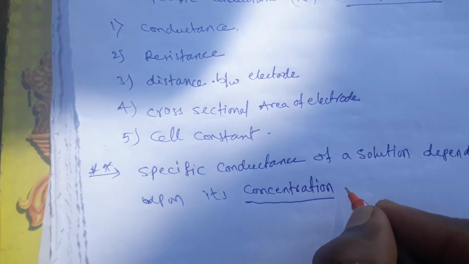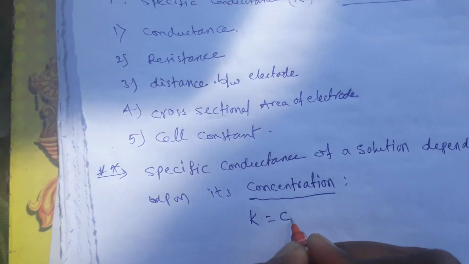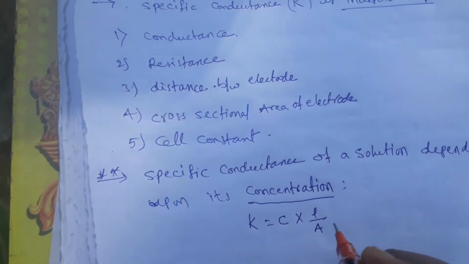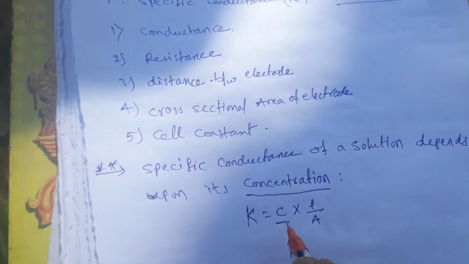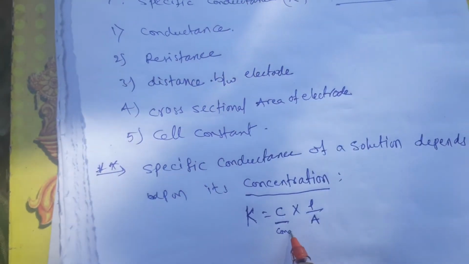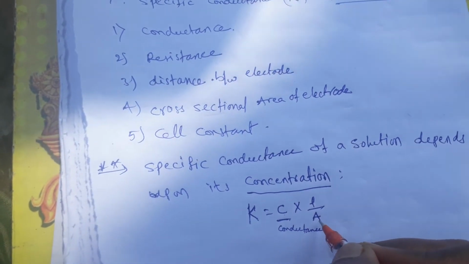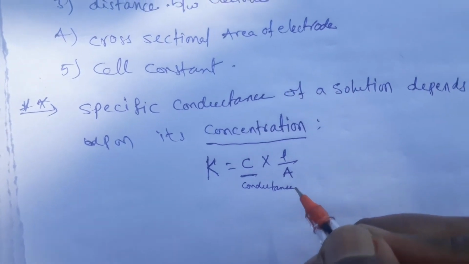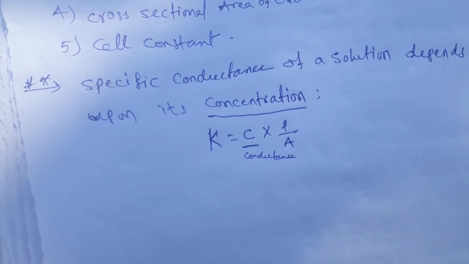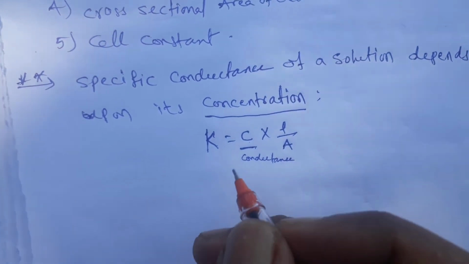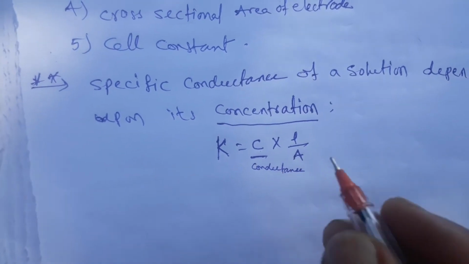So kappa is equal to C into L by A, but kappa is independent of how much length you took between the two electrodes and of the cross sectional area of the electrodes.